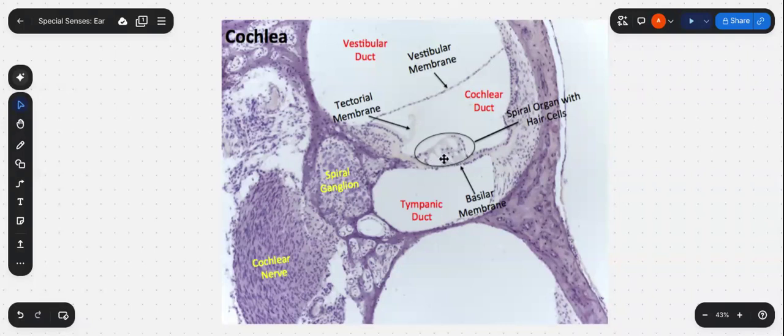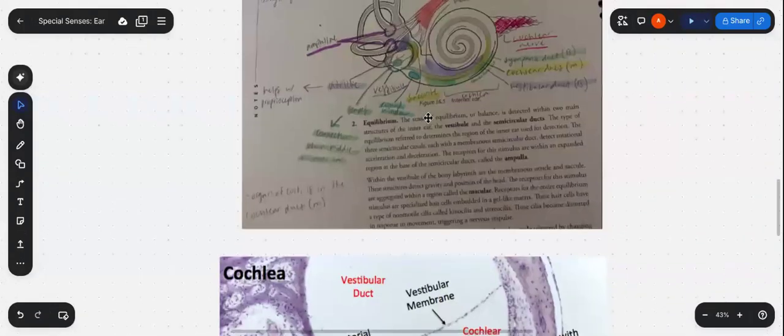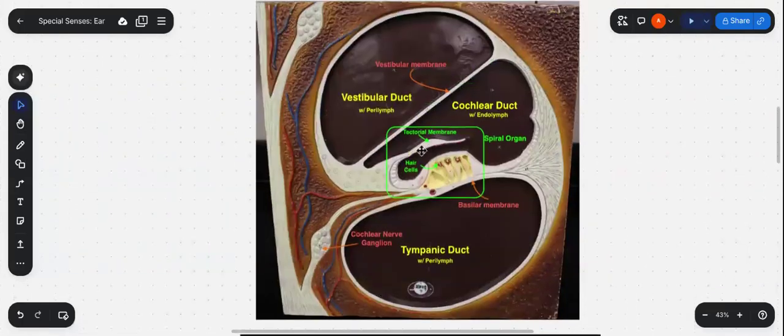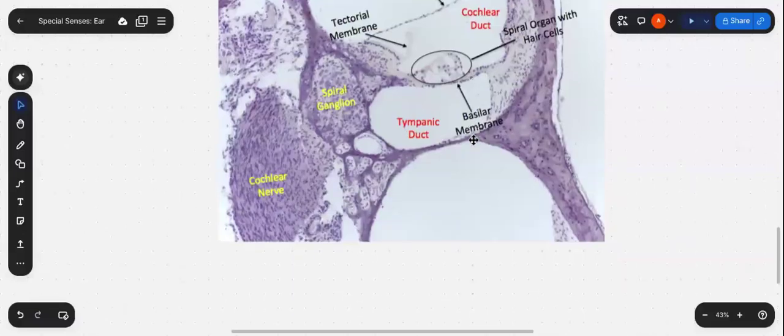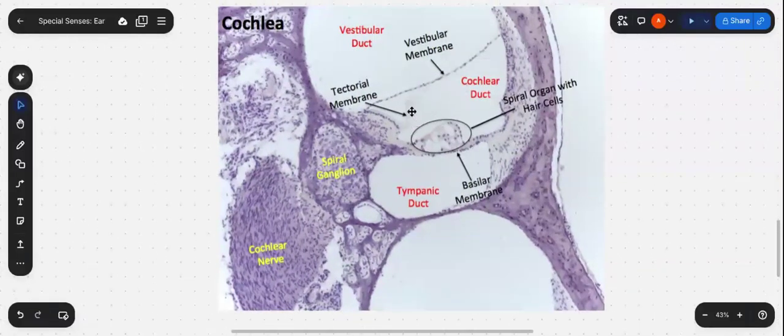The hair cells are kind of hard to see unless you are at a higher magnification, which this image is not. But you can also see your tectorial membrane over here, which is again this tiny little projection. It's even a little bit curved and hooked. Remember that the tectorial membrane was this projection on the model, and in histology, in real life, it looks like this. So they are quite similar.